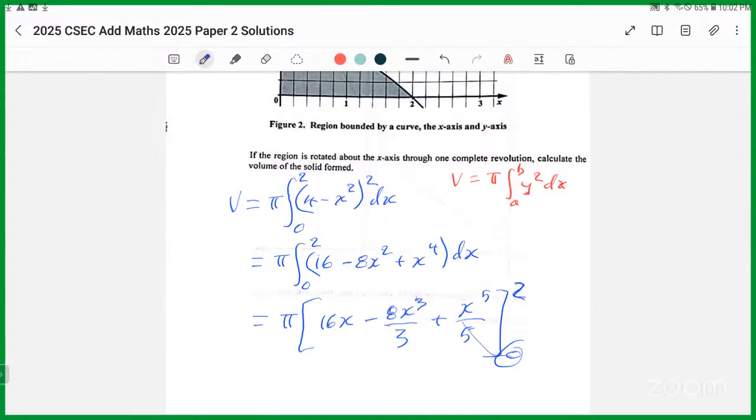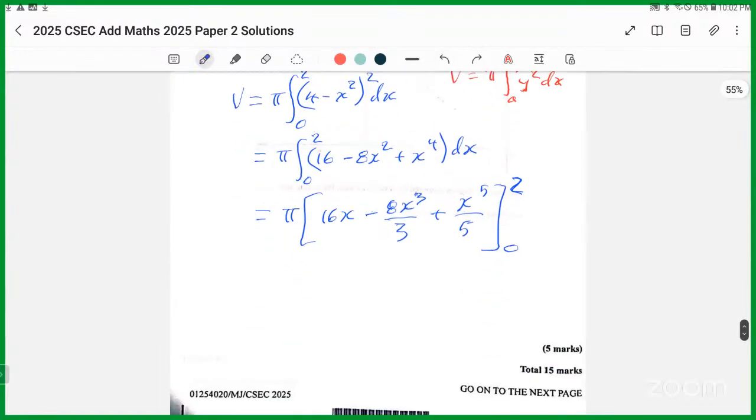This 0 is going to give us 0 everywhere. So it is really the 2 that's going to give us our final answer. So I want to leave it in terms of pi times 16 times 2 on this one, minus 8 times 2 cubed over 3 on this one, plus 2 to the 5th power over 5.